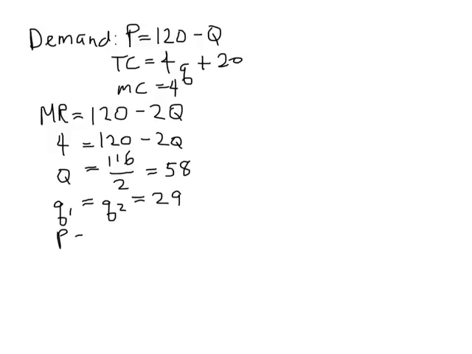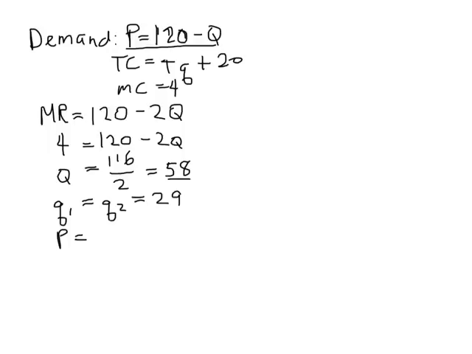Price is equal to 120 minus 29, which is 91. I'm sorry, it's not. Price is equal to 120 minus, no, got my eraser on, 120 minus aggregate quantity, that's 58.